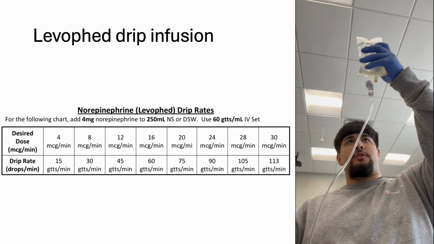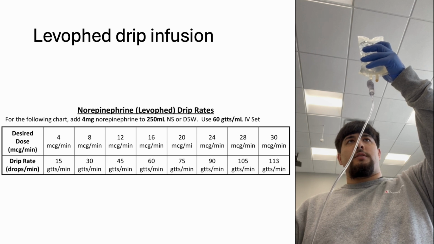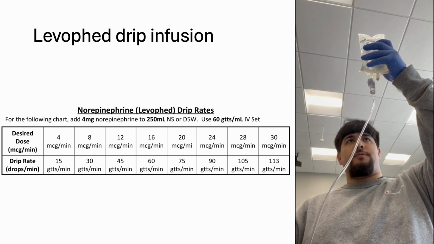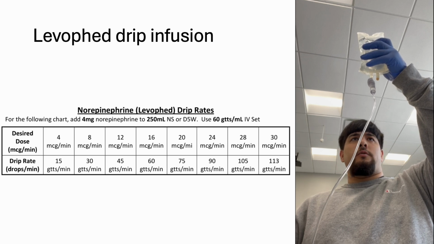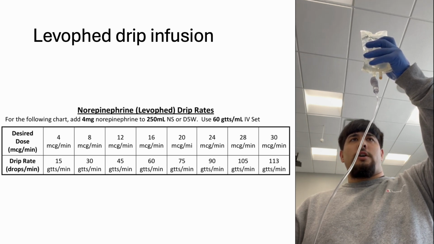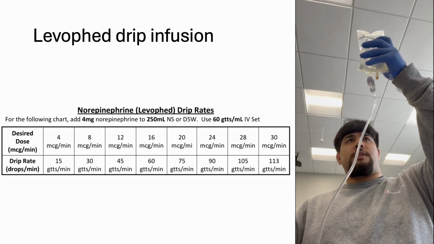So I say that's about a drop every 3 seconds. 1, 2. So right here, we're doing probably about 30 drops a minute. It's looking like about a drop every other second.